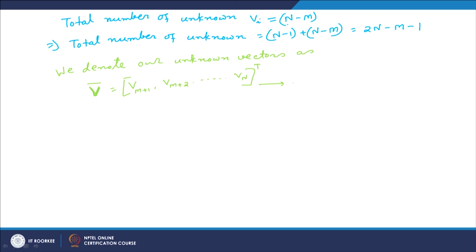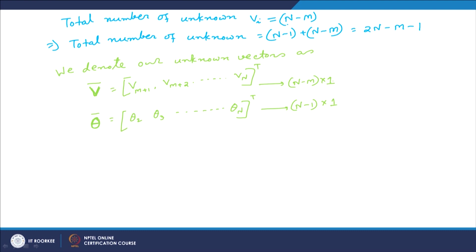So it would be an n minus m cross 1 vector. And theta, the unknown theta, is theta 2, theta 3, up to theta n, transpose. So it would be a column vector, n minus 1 cross 1.